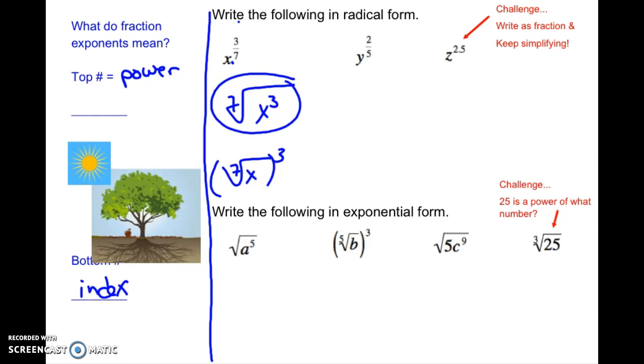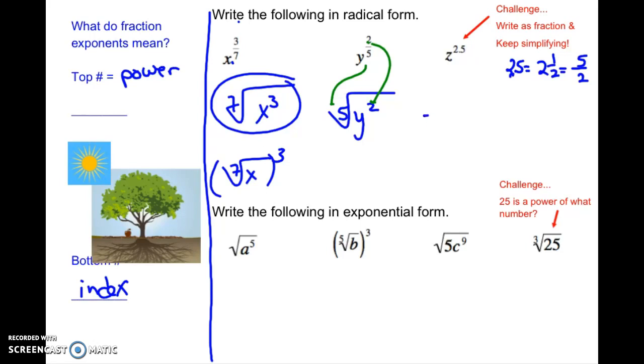So this next one, we read it as y to the 2/5. That means a 5th root of y to the 2. Again, the bottom number is the index, the top number is the power. And here's a challenge for us at the end. We have z to the 2.5. Well, 2.5 is the same thing as 5/2.